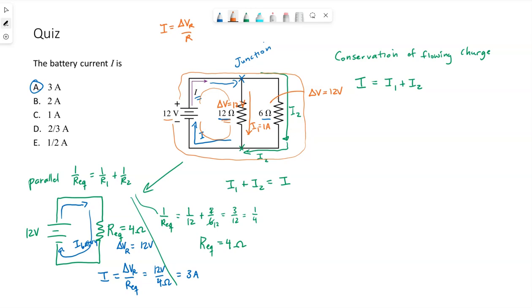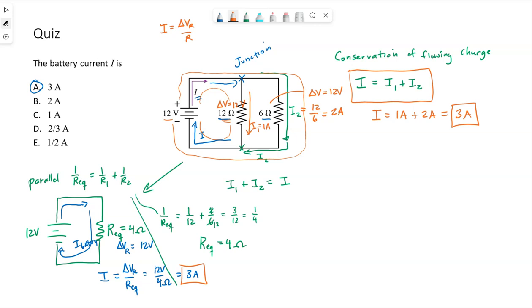So the 12 volts is put in by the battery, the 12 volts has to be then across this one resistor. Well, current is V over R. This would be 2 amps. And we know the battery current has to equal the I1 plus the I2, which is 3 amps.